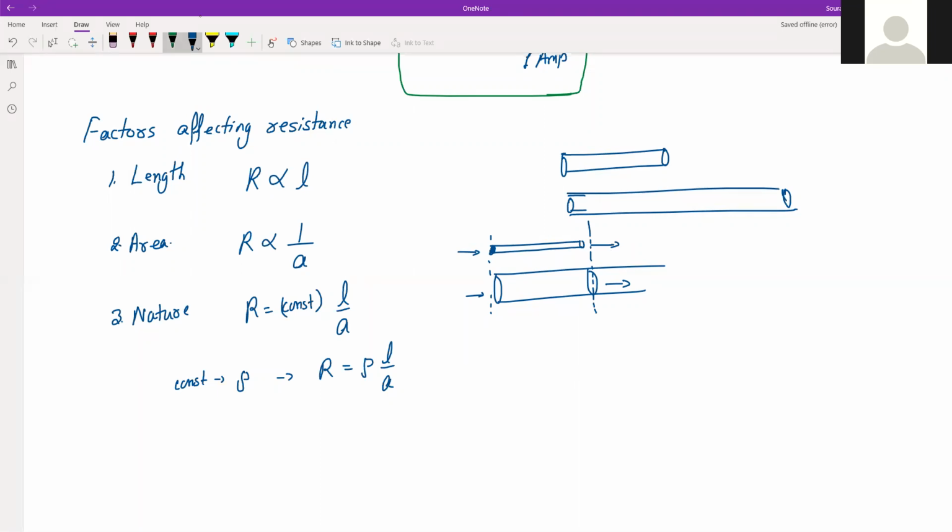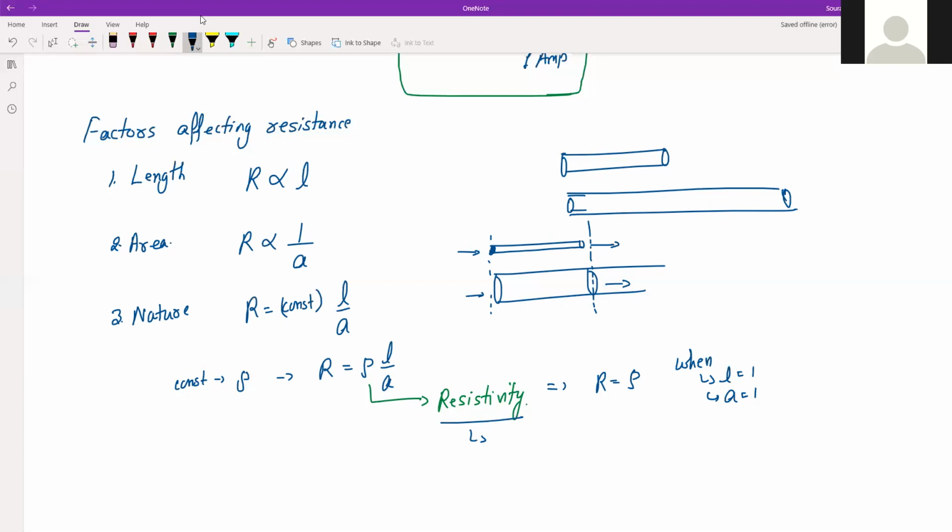Now what is this rho? This rho is called resistivity. And we can now define this. How to define this? R will be equal to rho when L is equal to 1 and A is also equal to 1. At that time, R and rho are the same. So what can we conclude about resistivity? Resistivity is shown by rho.